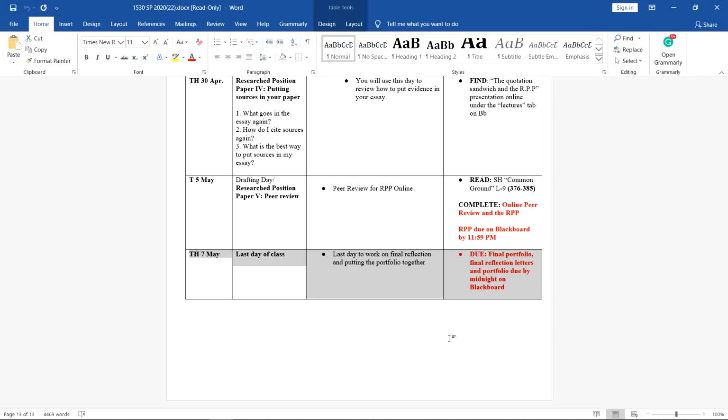It's just a final reflection letter that you will be placing within your portfolio document. Probably at the start of the document, I would put the cover letter first and then go from there. But as long as your portfolio is arranged in some logical or coherent manner, it should be fine.